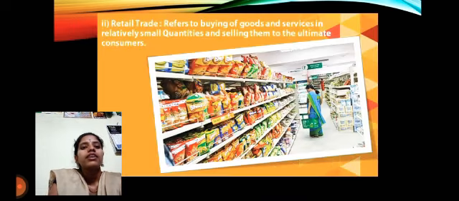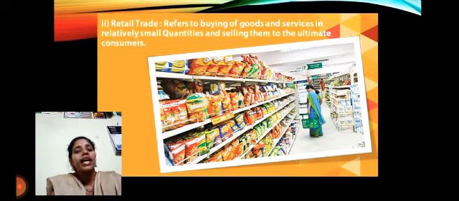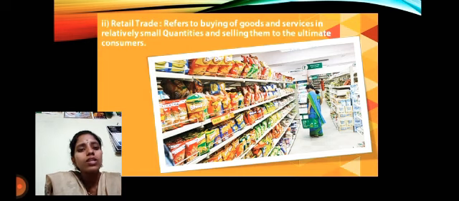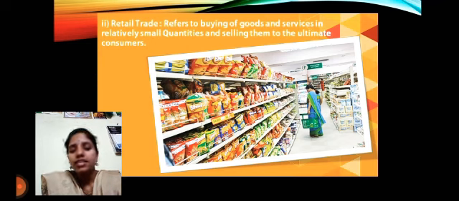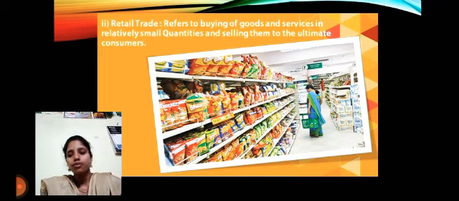And retail trade involves buying and selling of goods in small quantities. Retail trade is a connection link between the wholesalers, retailers and consumers. Retail trade is the final stage of distribution.